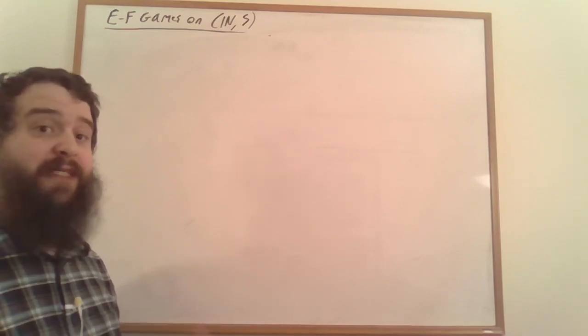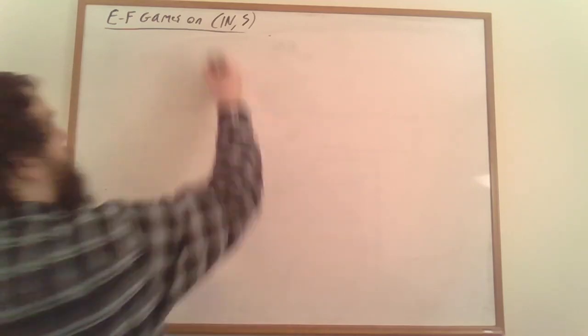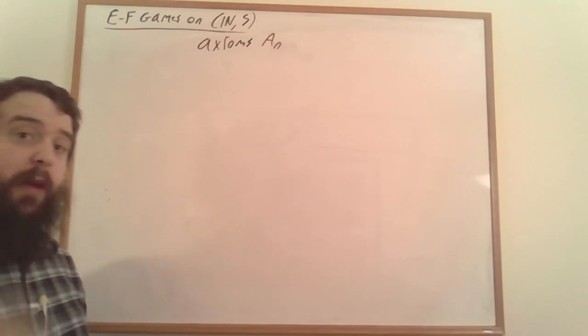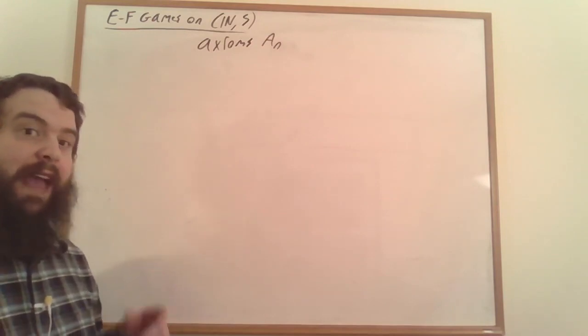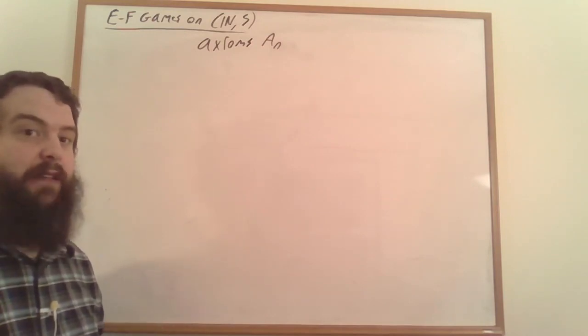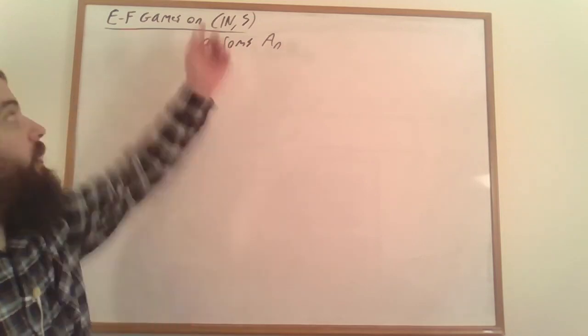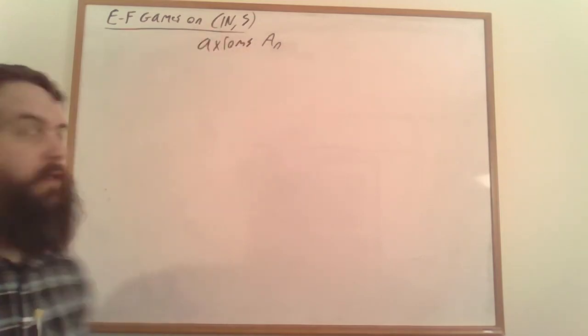Let's call our infinite collection of axioms AN. Now, suppose you come to me with a finite collection of axioms, so you claim, for this particular class of structures.